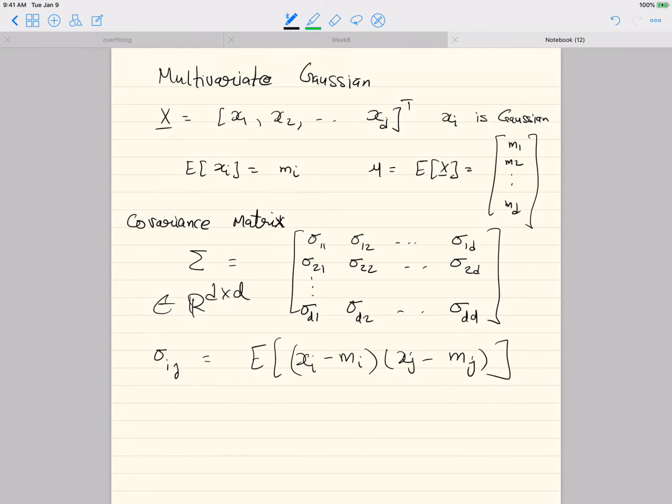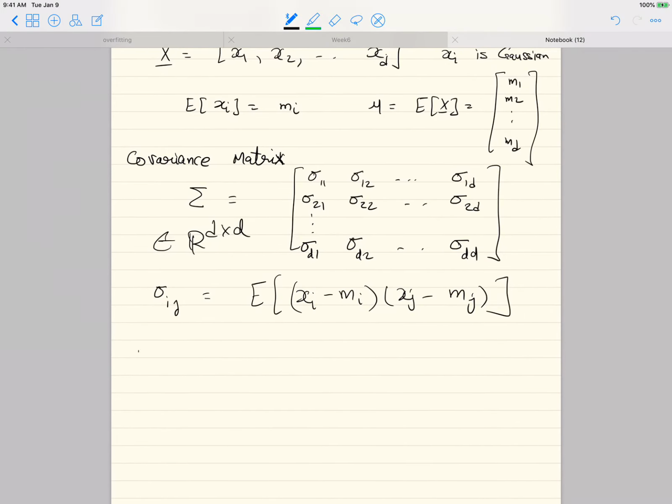Now the PDF for the vector x is defined as follows. Fx of the vector x, and I will not write a subscript now.